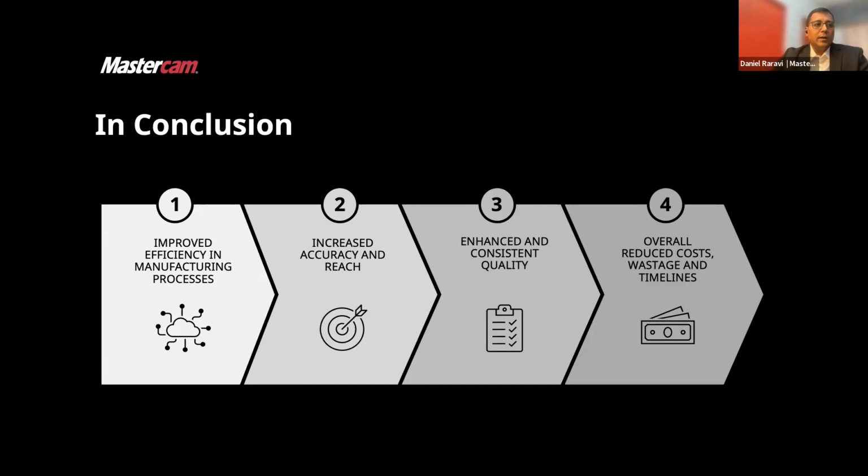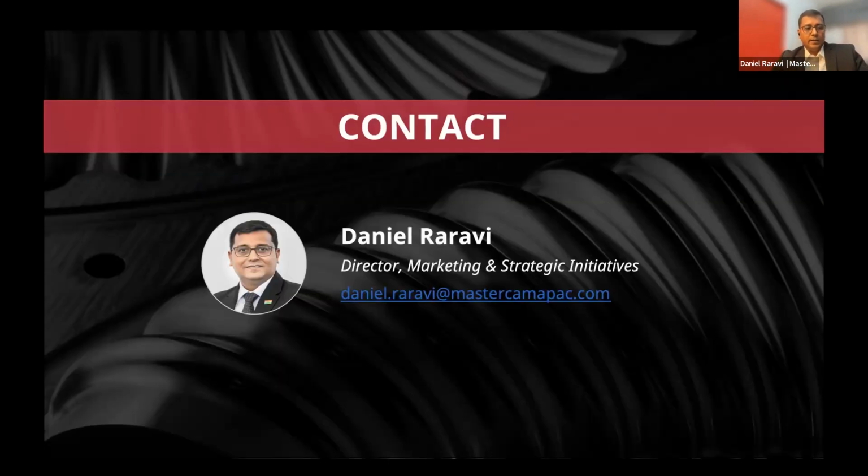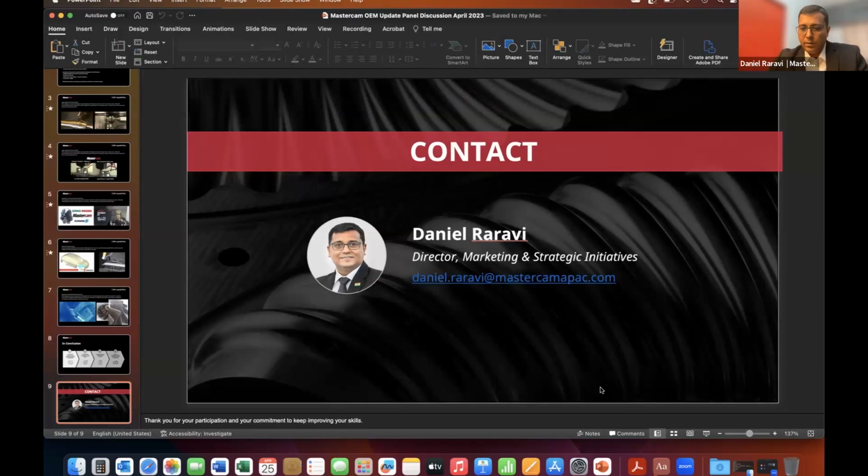This is largely due to the combination of various factors that I mentioned, again, using metrology in combination with additive or subtractive manufacturing to make sure that any part that comes out of the machine is perfect. And a net result of all of this is reduced costs, wastage, and timelines overall in the manufacturing process. Thank you. And I think that's what I really wanted to speak about today.